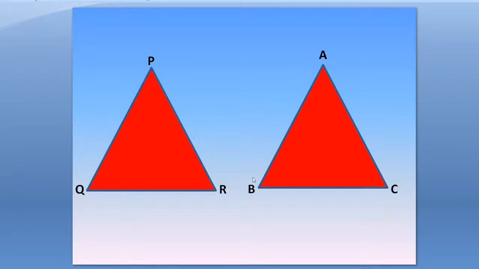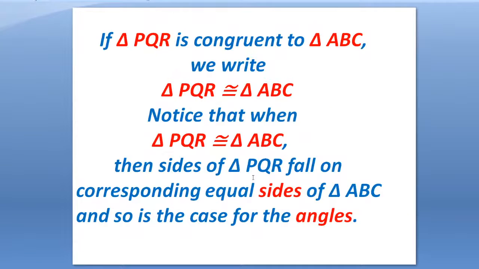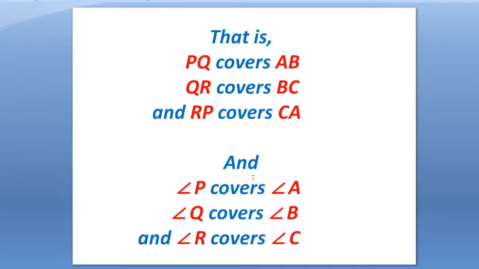If 2 triangles ABC and PQR are congruent, then PQR is congruent to triangle ABC, and in notation we write triangle PQR congruent to triangle ABC. That means sides of triangle PQR fall on corresponding equal sides of triangle ABC, and so is the case for the angles also.